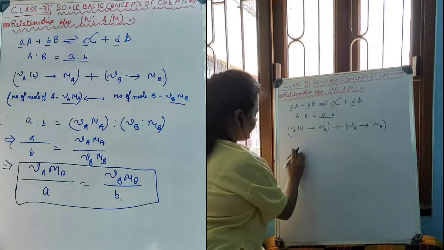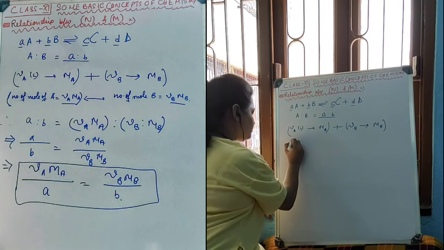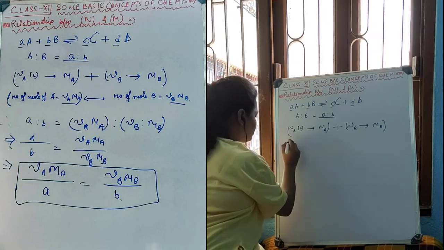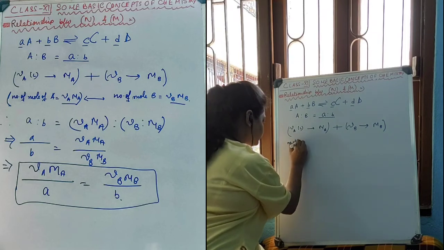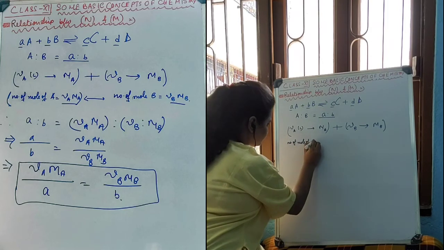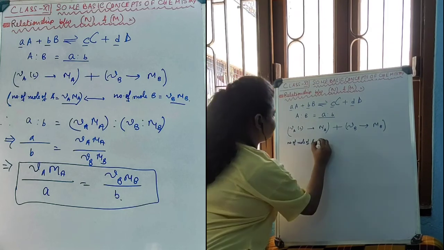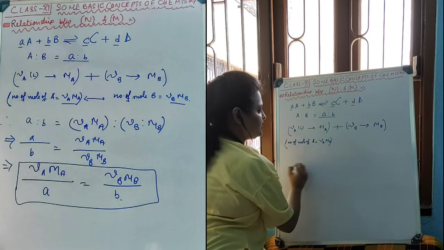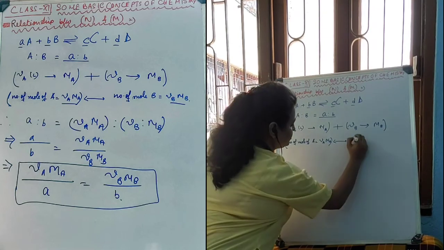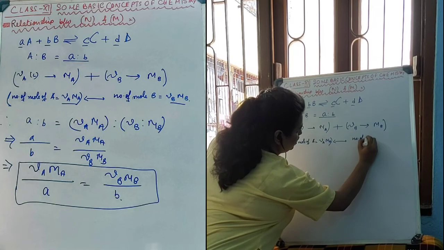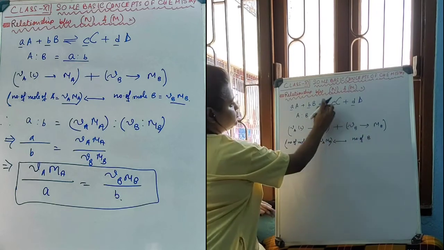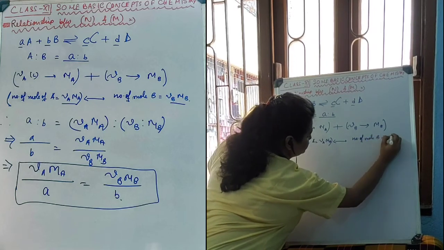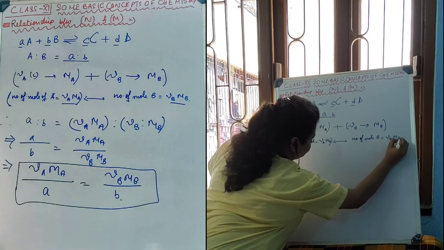Therefore, the total mole number of the solute A that is reacting, the number of moles of A in this solution of A, will be represented by VA MA, that is reacting with the number of moles of B in the solution of B, VB MB.